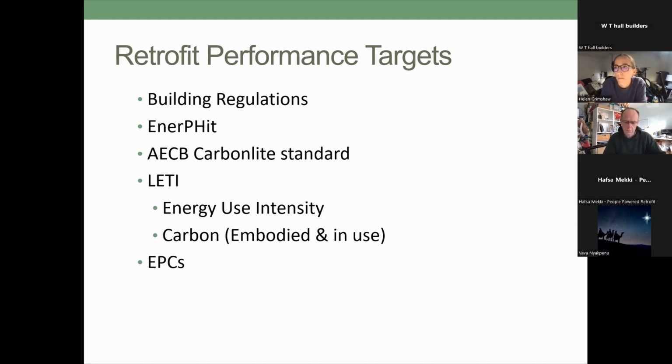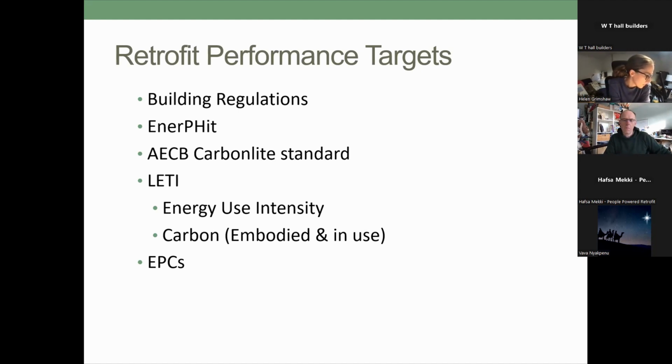People don't appreciate that you could do an EPC 5 years ago, have not changed the building, and the EPC rating will be different now. So it's really difficult, particularly with private landlords, where they're looking at, well, we've got to hit a band C, how are we going to do it? Quite often you get a conflict between maybe the standards or the energy use intensity and the energy performance certificate. So that's a really difficult one to try and deal with.